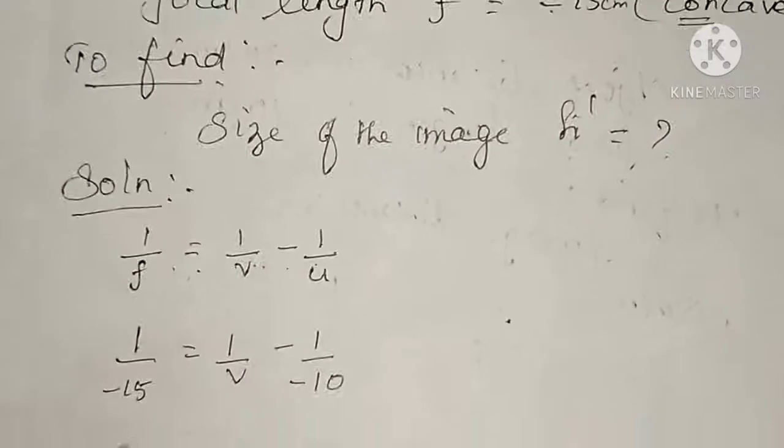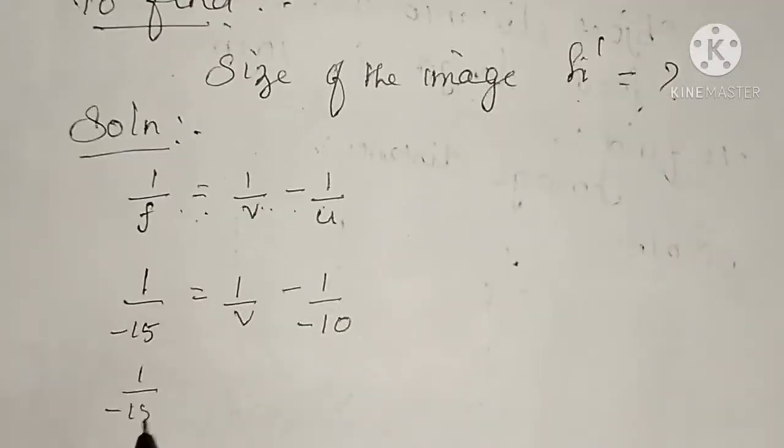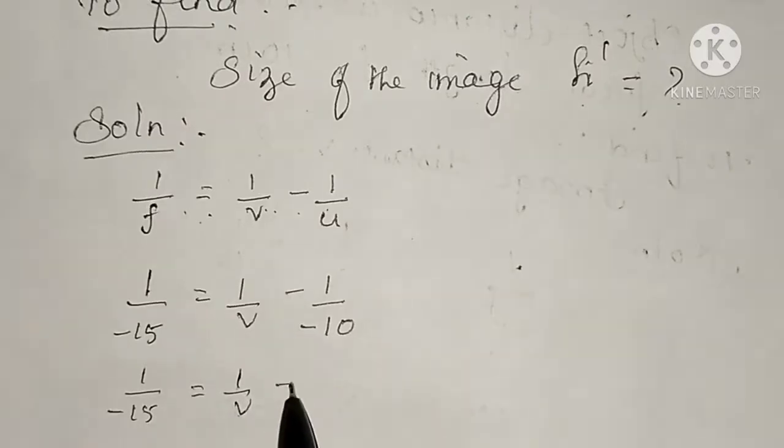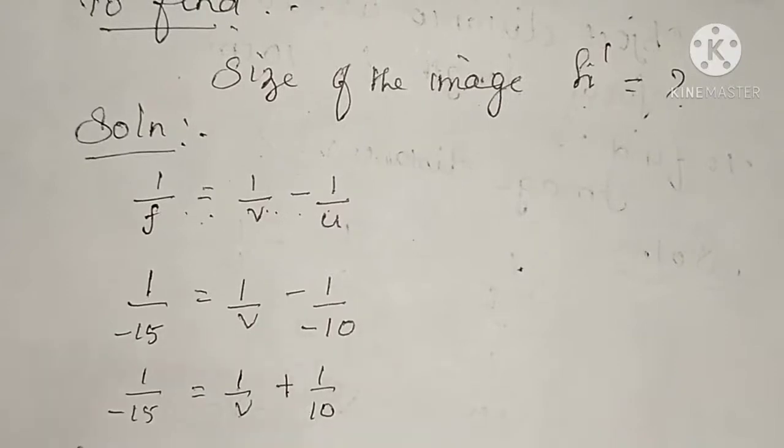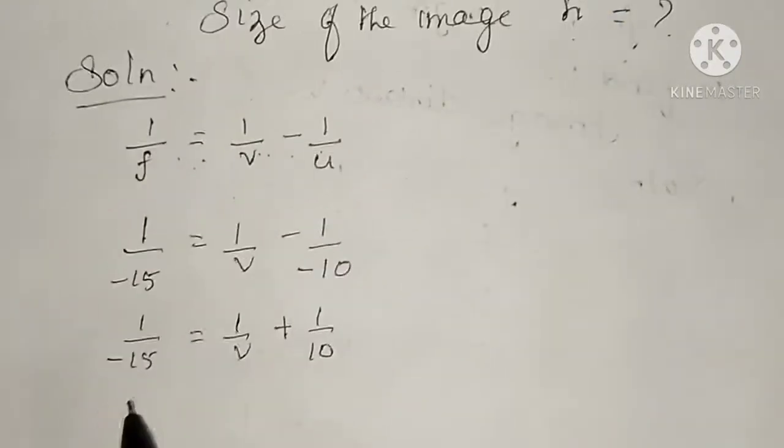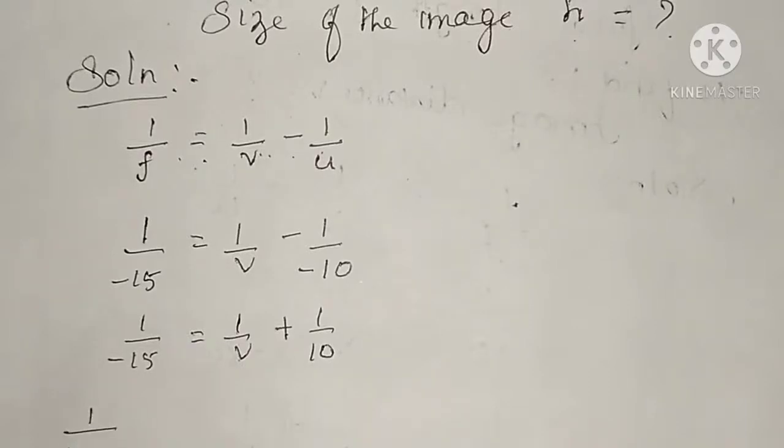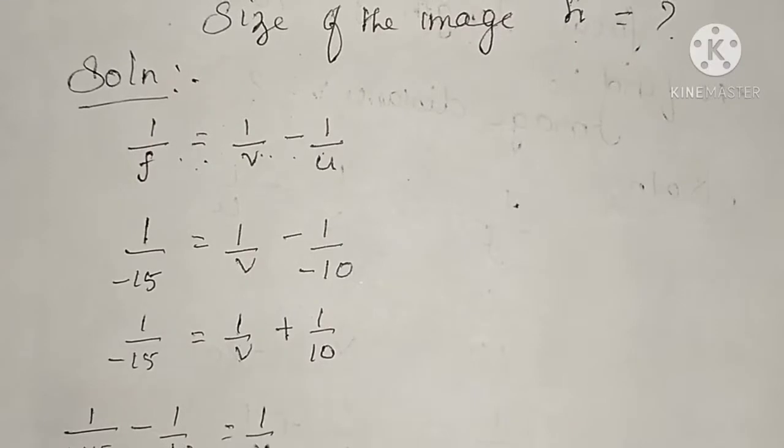Next step: 1 by minus 15 is equal to 1 by v, minus and minus become plus 1 by 10. Now take this plus 1 by 10 to this side, so it becomes minus. So minus 1 by 15 minus 1 by 10 equal to 1 by v.